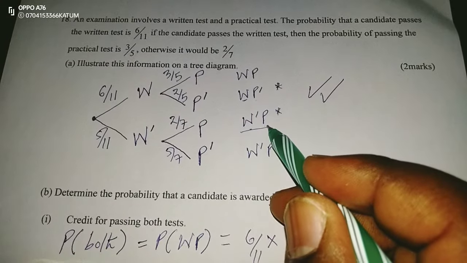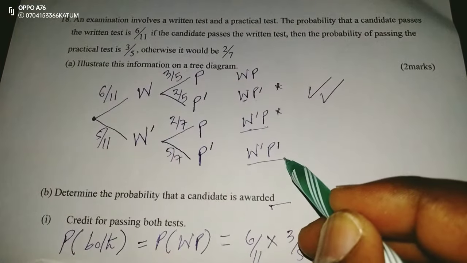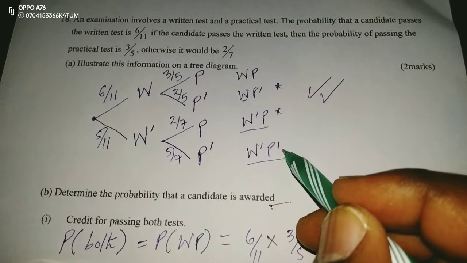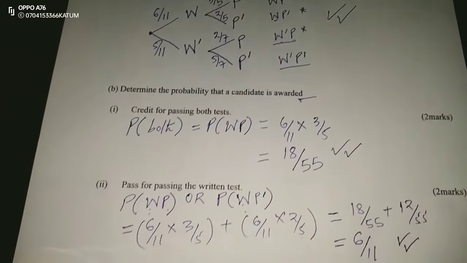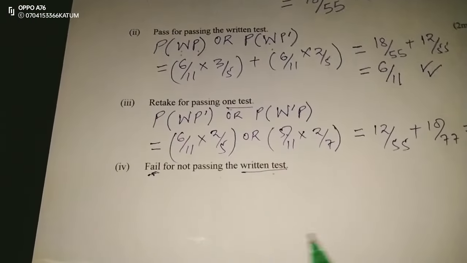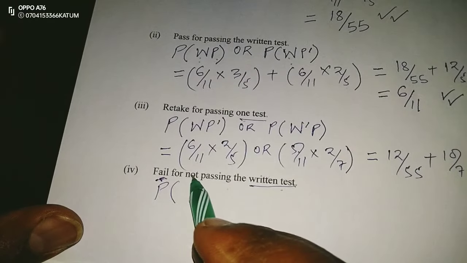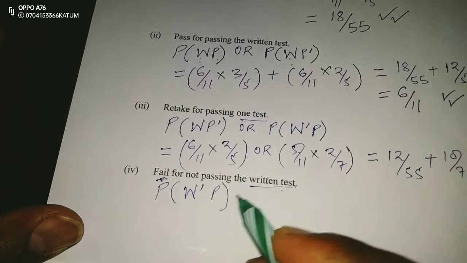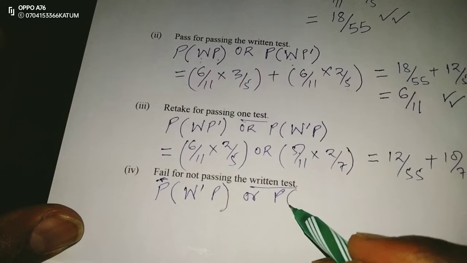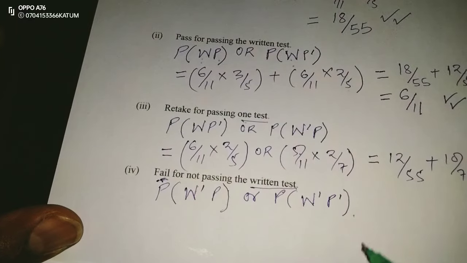You can fail to pass the written test, but you pass in the practical, or you fail to pass in the written test, but you also fail in the practical. So those two possibilities. So it can either be failing the written but you pass in the prac, or you fail in the written and you also fail in the prac.